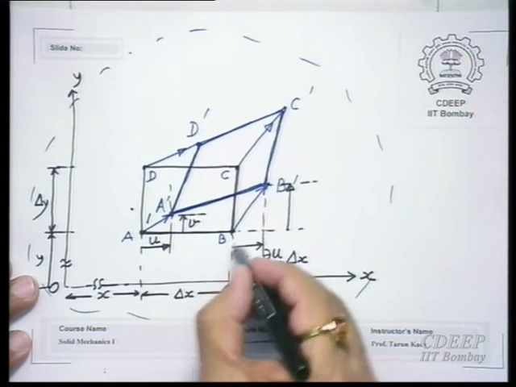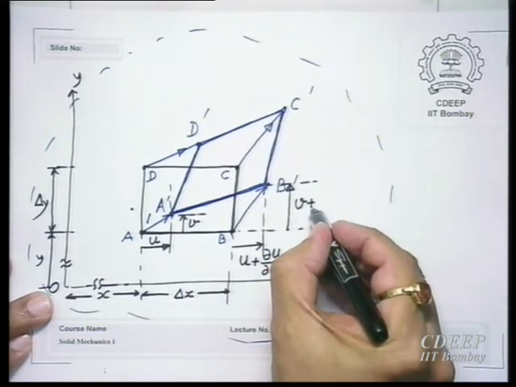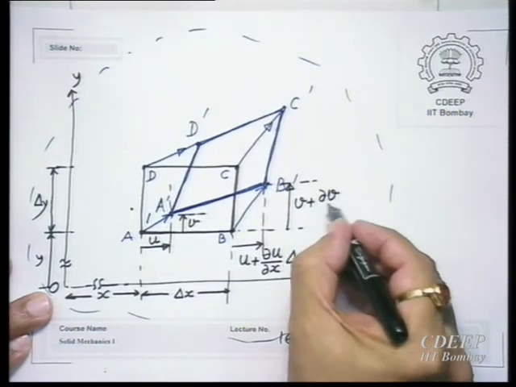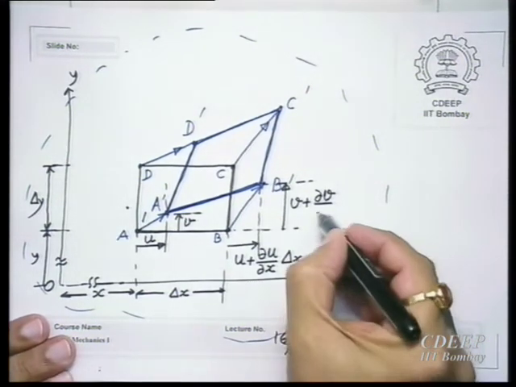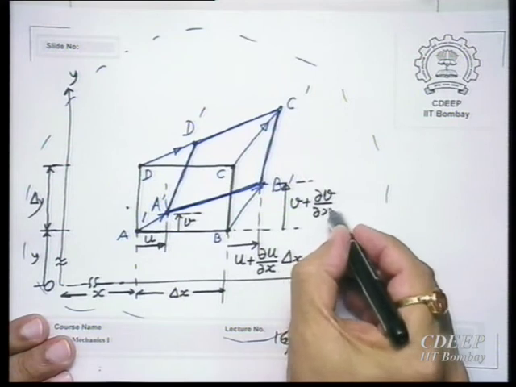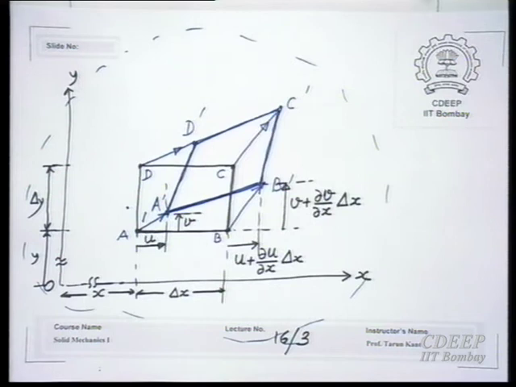Similarly, what about this? This will be v plus delta v by what? We have moved only in the x direction. B is lying in the x direction, AB is lying in the x direction.